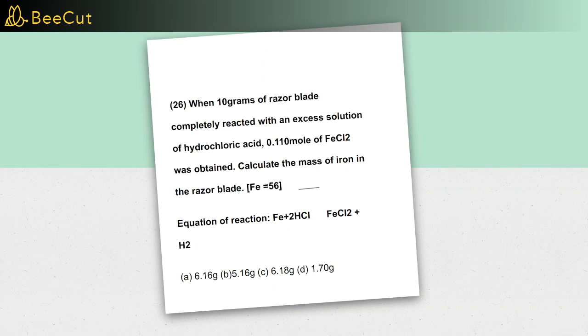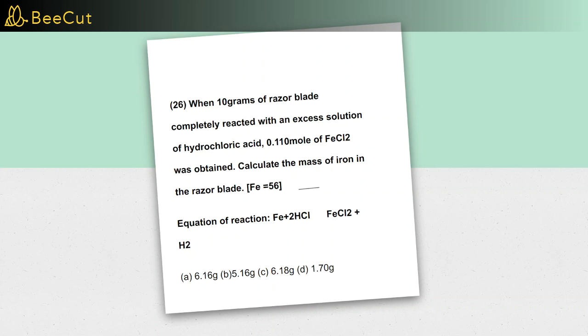When 10 grams of razor blade completely reacted with an excess solution of hydrochloric acid, 0.110 mole of iron 2 chloride was obtained. Calculate the mass of iron in the razor, whereby the mass number for iron is 56.